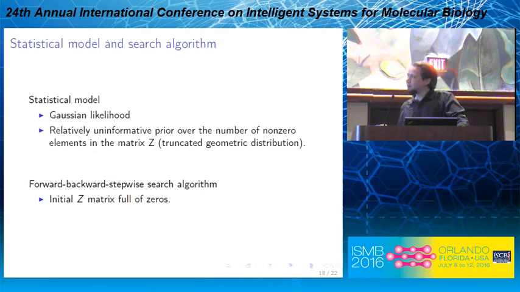But it's fairly uninformative. Then we use a forward-backward stepwise search algorithm to explore the model space, and it simply means that we start from an empty Z matrix and flip the elements in the matrix as long as we get improvement in the model fit.